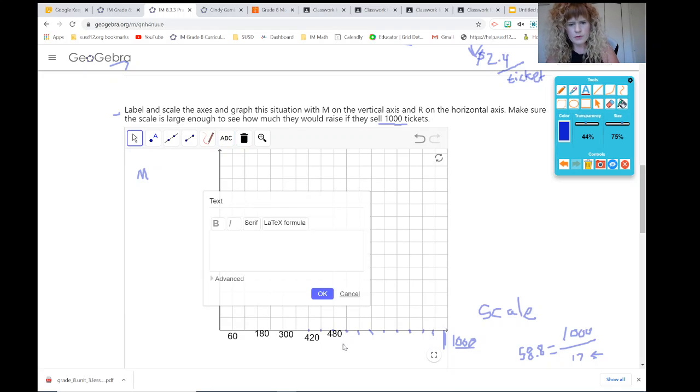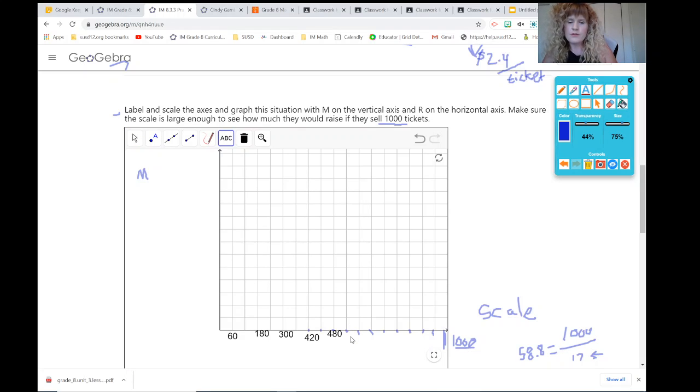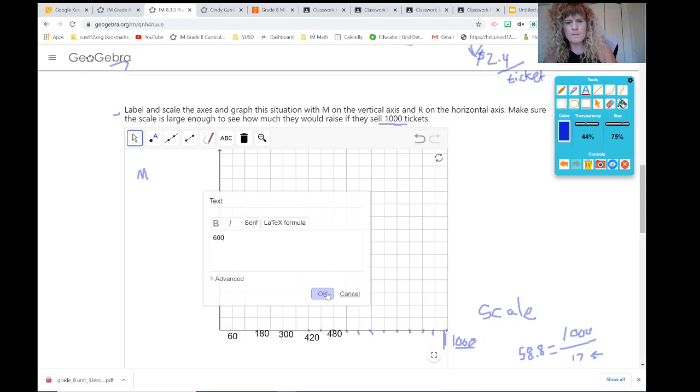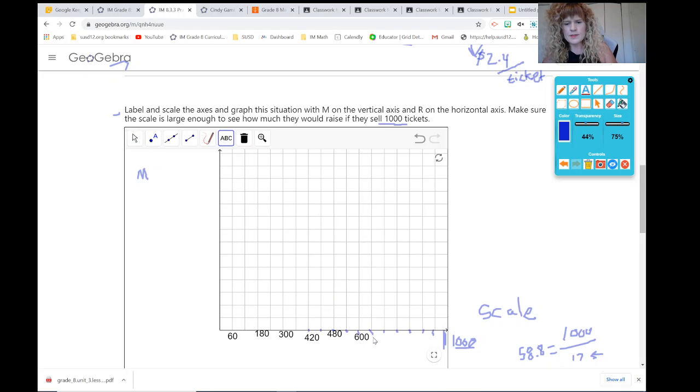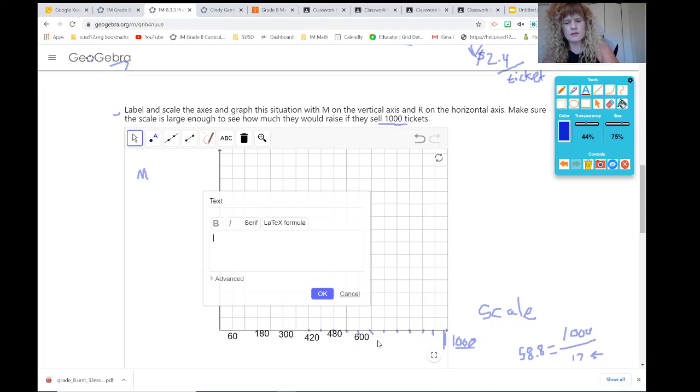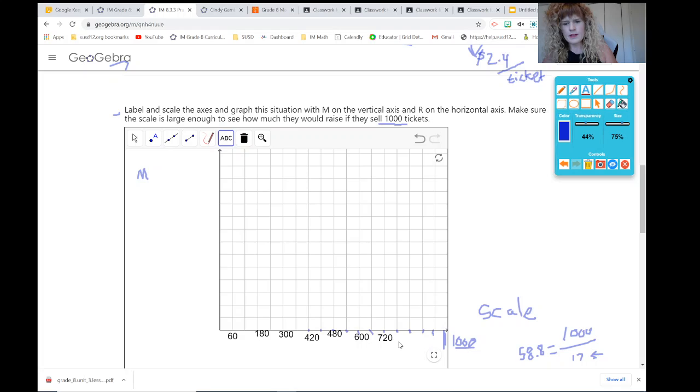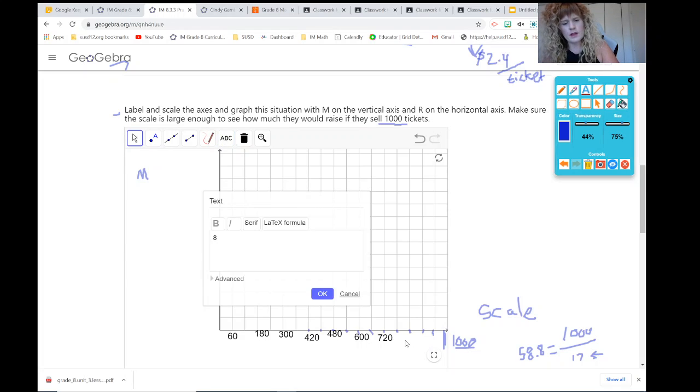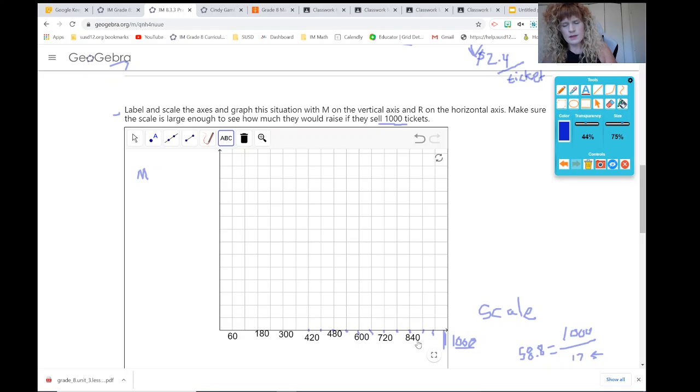420, so now 480. We're just counting by 60s. And then 540, and then 600 is here. There we go. And the next value is 660, but we're skipping it, so now 720. And then the next value is 780, but we're skipping it, so now go up to 840. And then the next value is 900, but we're skipping it.